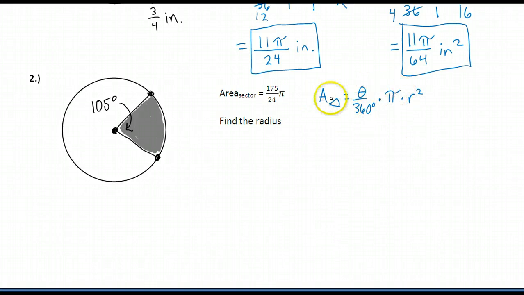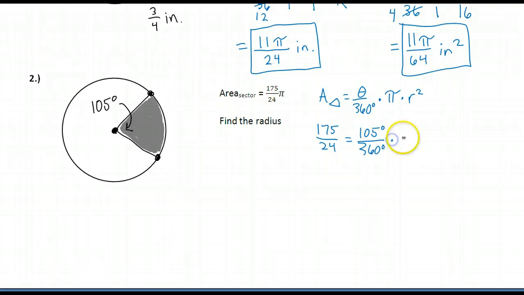I'm going to plug in what I know. I know that my area has to be 175 out of 24. I know that theta in this case is going to be 105 degrees, and out of 360 degrees times pi times r squared.